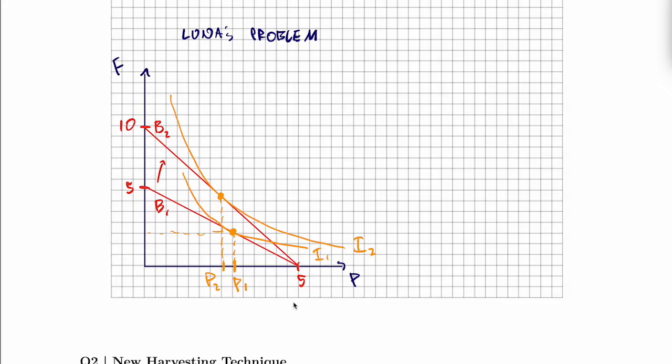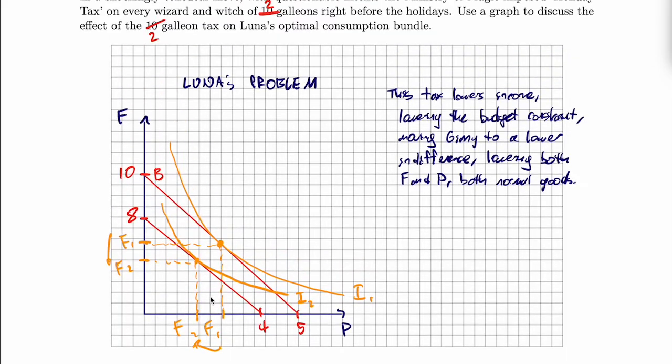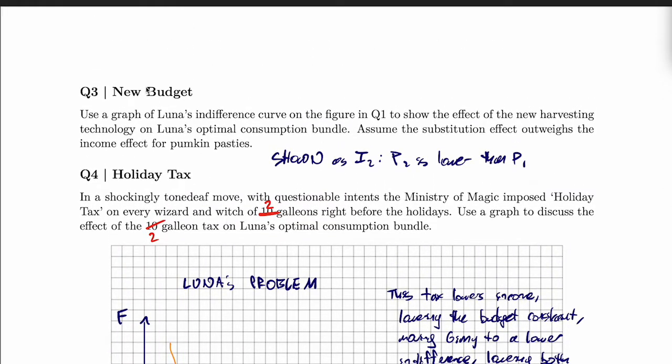We're told that the substitution effect dominates. So what we see is a decrease in the quantity of pumpkin pasties. Okay, so that is question 3.